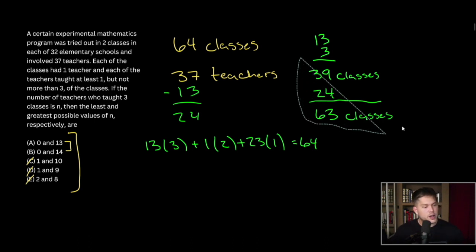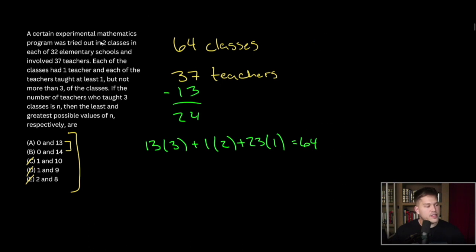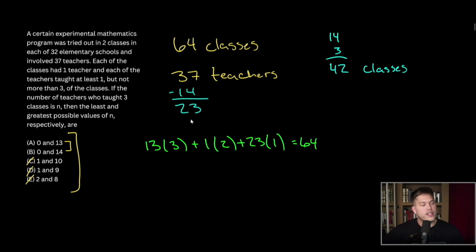So let's clear this up just a little bit, and let's think about it if we had 14 as the maximum instead. So if 14 was the maximum, then 14 times 3 would be 42. So we have 42 classes that are taught by these 14 teachers teaching 3 of the classes. And that tells me that we subtract the 14 teachers, we have a remaining 23 teachers.